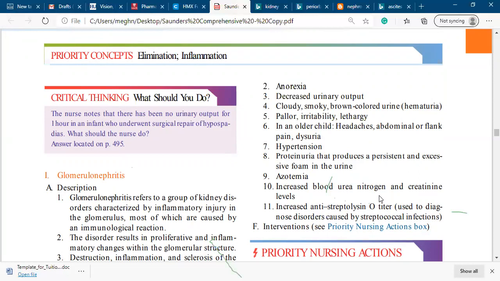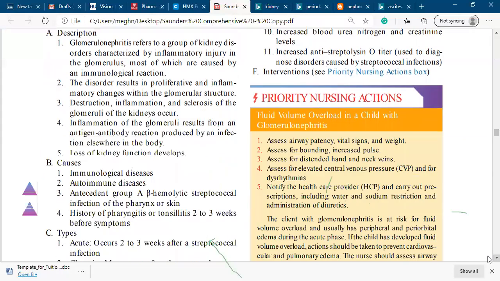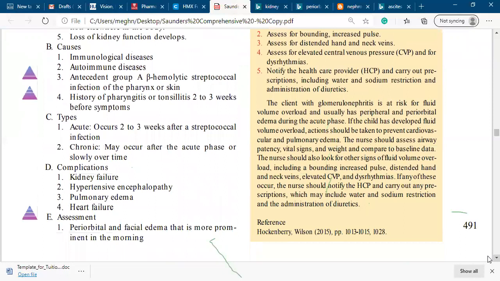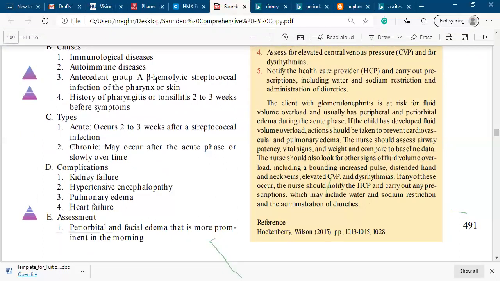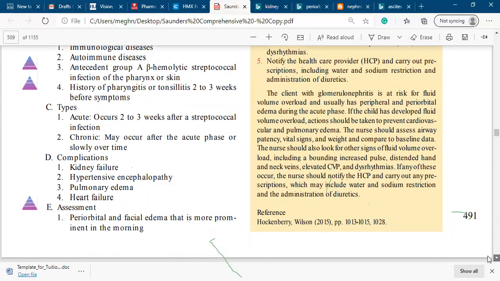If a patient has glomerulonephritis, we have to check the streptolysin O titer. It should be positive, right? Streptolysin O titer indicates maybe the baby is infected with the organism, beta hemolytic streptococci infection is present there, right?